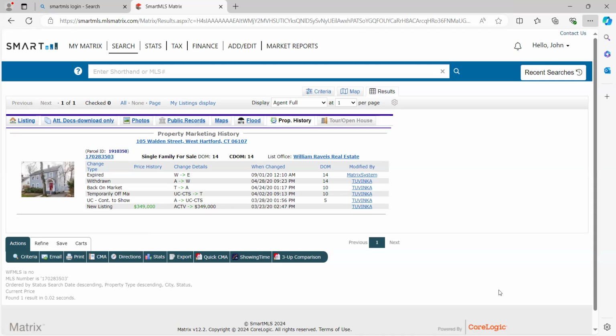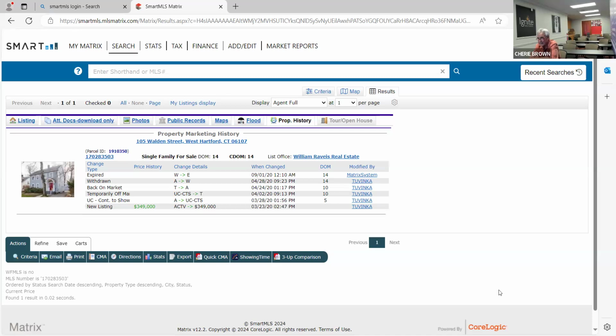The significance there was that March 23rd, 2020 was literally just as we were all becoming aware of this thing called COVID-19, right? So it was happening at the same time. It came on at 349. It goes under contract several days later.